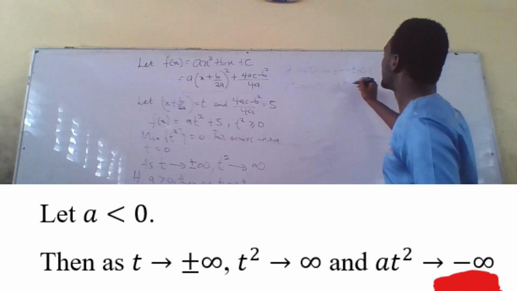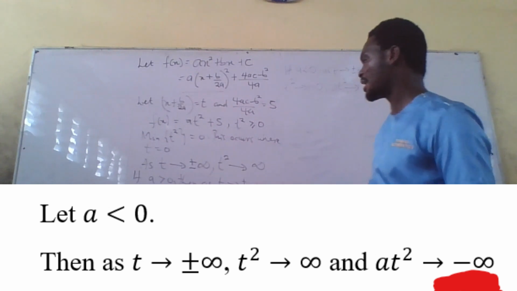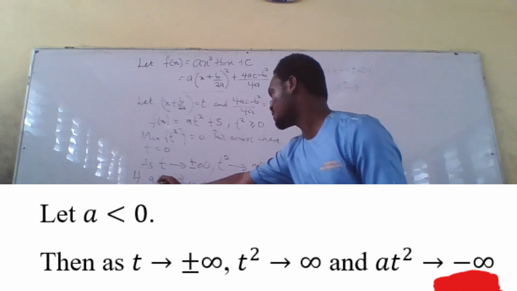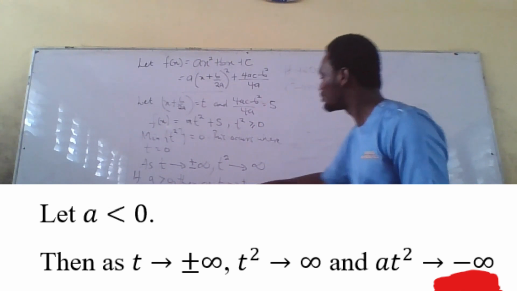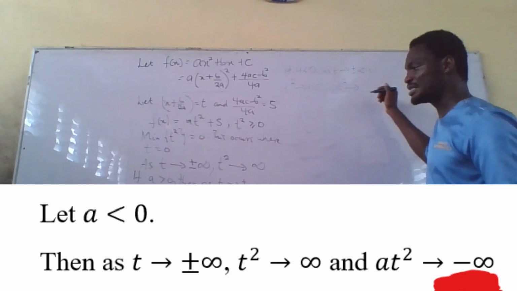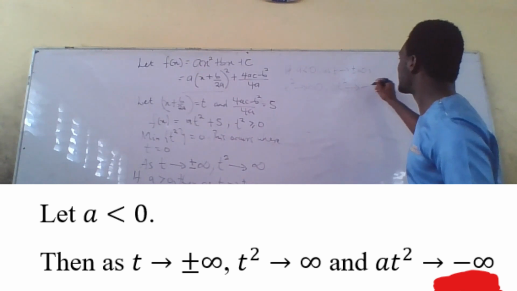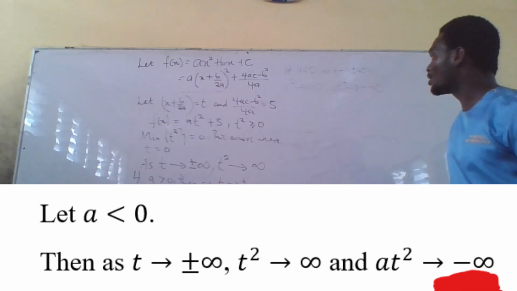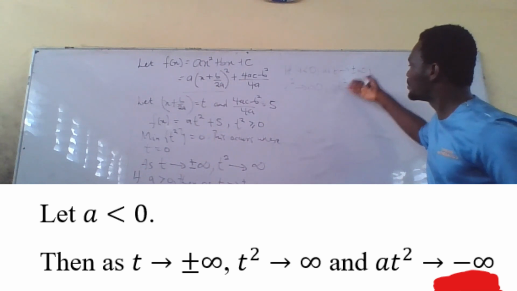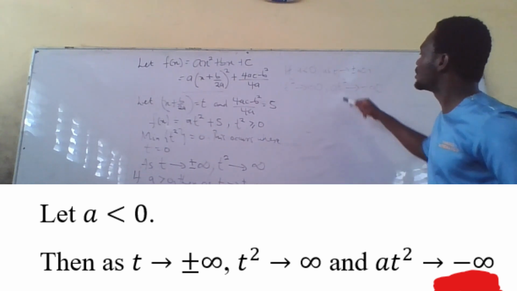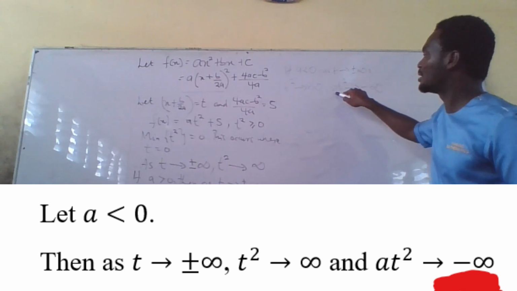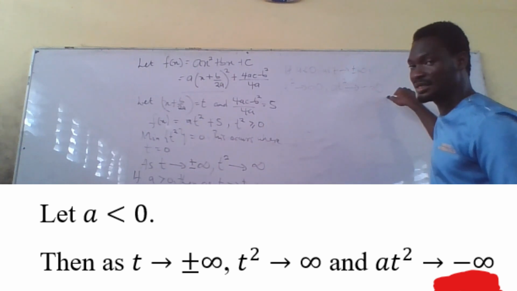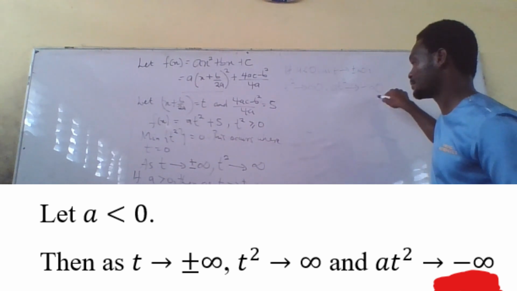Unlike in the case where a was positive, it does not approach positive infinity again. It approaches minus infinity in this case because you have a big value and you are multiplying with a negative number. So you'll be getting negative results.